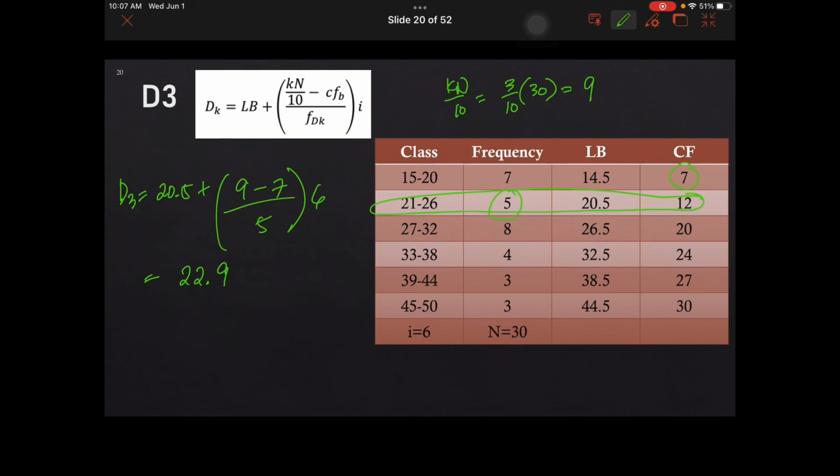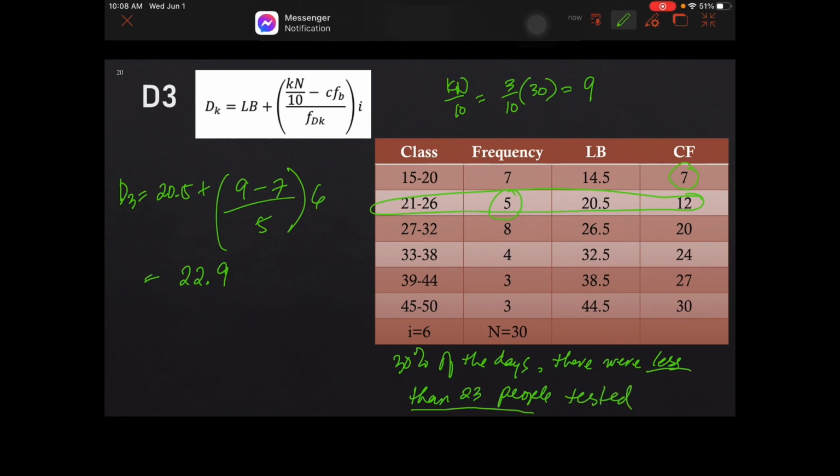Okay? So, pwede tayong magkaroon ng dalawang interpretation for this. Kung gusto nyo talagang gamitin si 23, you could say that 30% of the days, okay, there were less than 23 people tested. Okay? So, as you can see, ang ginamit kong term ay less than 23 people tested.